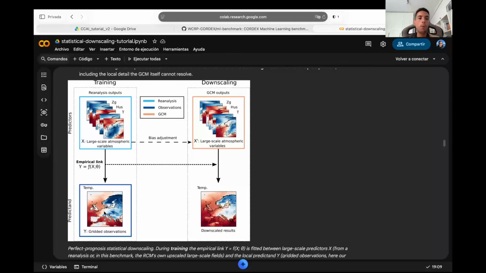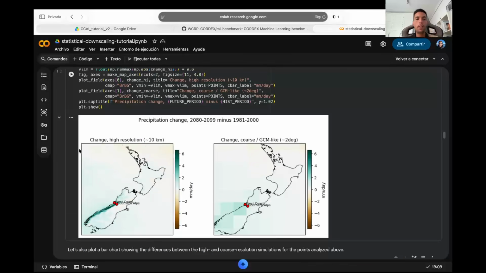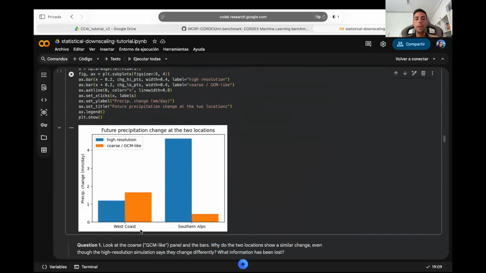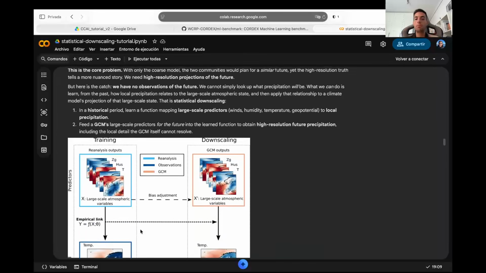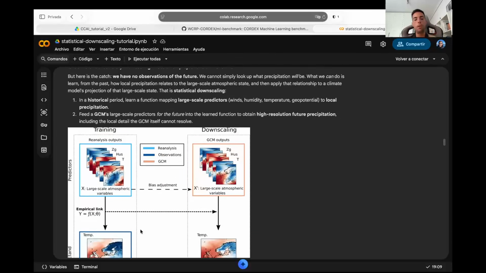So if I train the model with observational data in a historical period, and then I pass the same variables but from a GCM, the state of the atmosphere simulated by a GCM in a future scenario, for instance, I'm able to recover the surface, the high resolution variable, and thus I'm able to generate something similar to what the RCM is able to simulate, but without having to run the RCM, just by running a statistical downscaling model.